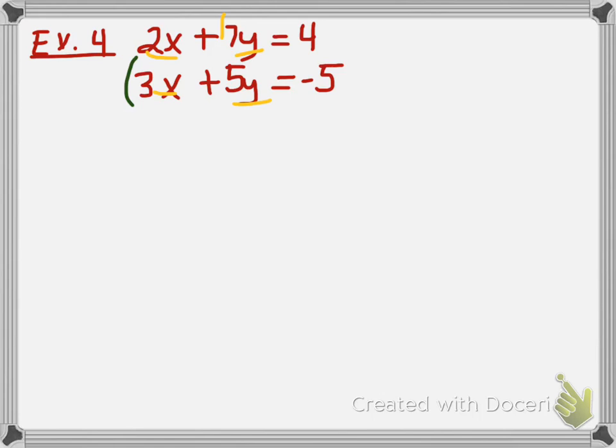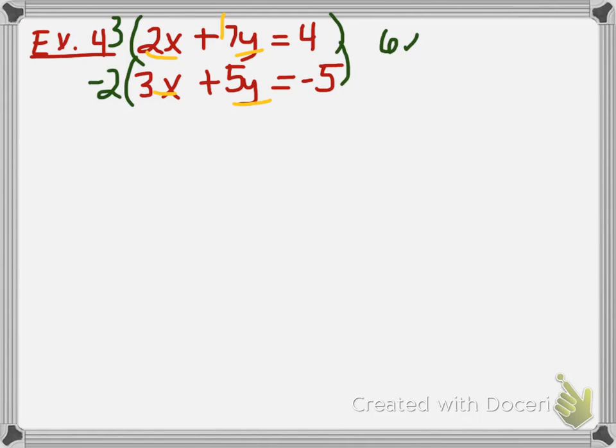Now in order to make the 2 a 6, I would have to multiply it by 3. In order to make the 3 a 6, I would have to multiply it by 2. So I'm going to multiply the top one by 3 and the bottom one by a 2. But not just a 2, in this case a negative 2, because I would need a positive and a negative number.